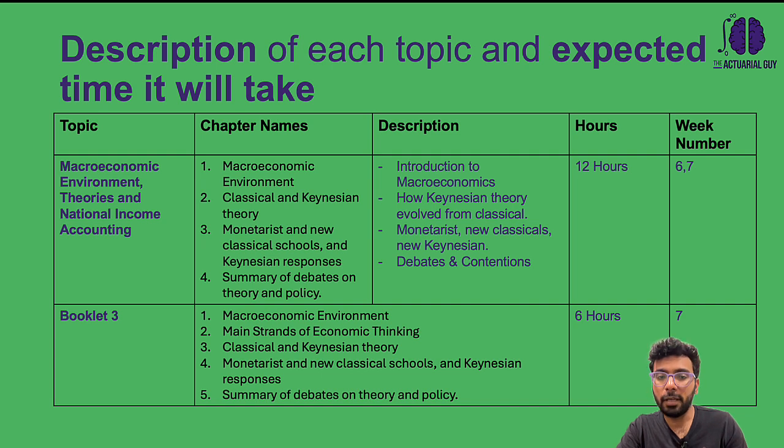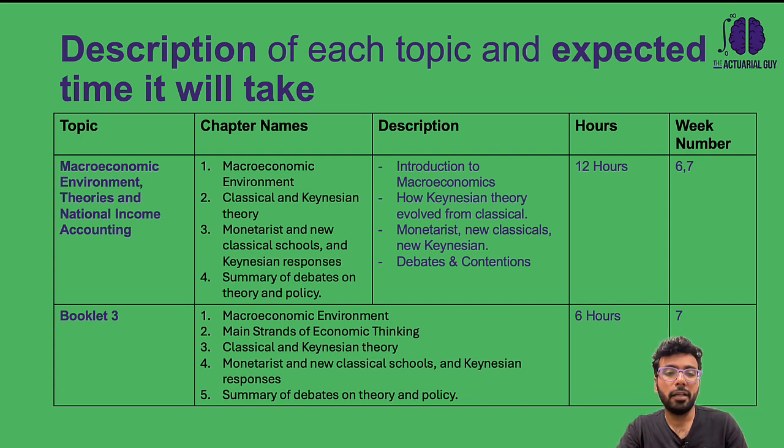Here we discuss the macroeconomic environment. We get into classical and Keynesian theory. These were some of the theories that we had originally introduced in the second chapter, but here we talk about them in a lot of detail. You have monetarist and new classical schools, and Keynesian responses. Again, these are theories that were introduced earlier and are now being discussed in a lot of detail.